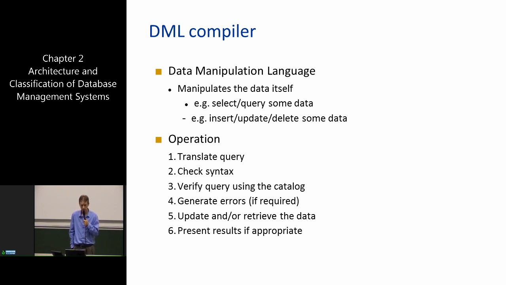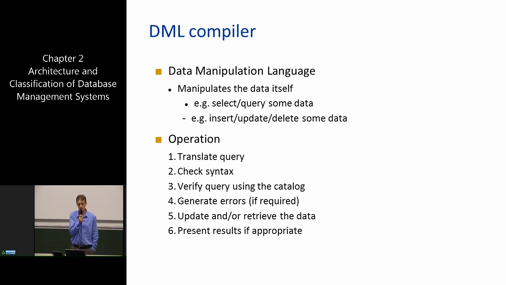And how the DML compiler is then going to work is as follows. The first thing it's going to do is translate the DML statement, the query, the update, the insert, or the delete. As with the DDL compiler, it will then check the syntax and see whether there are any syntactical issues with any of the statements that have been submitted. It will verify the DML statement using the catalog.